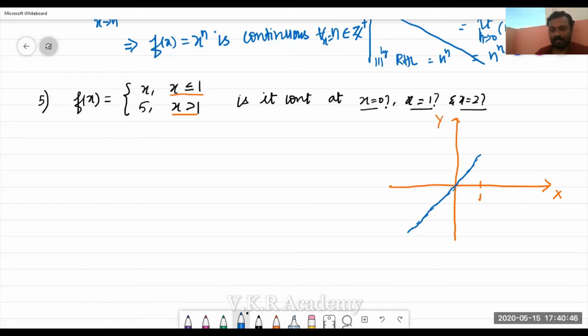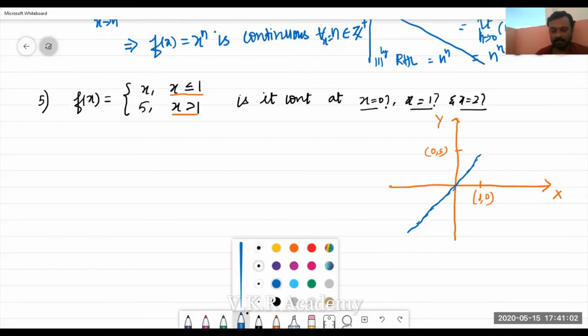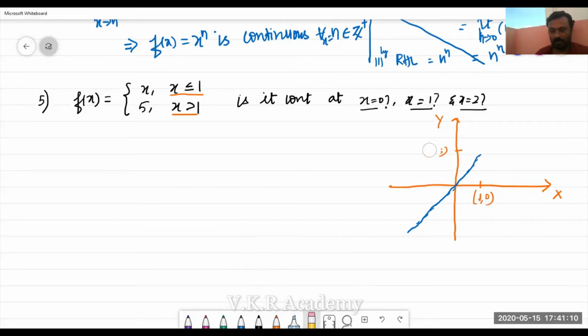When x is greater than 1, f of x is 5. So this is the case. Greater than 1, of course, your 5 will be here.